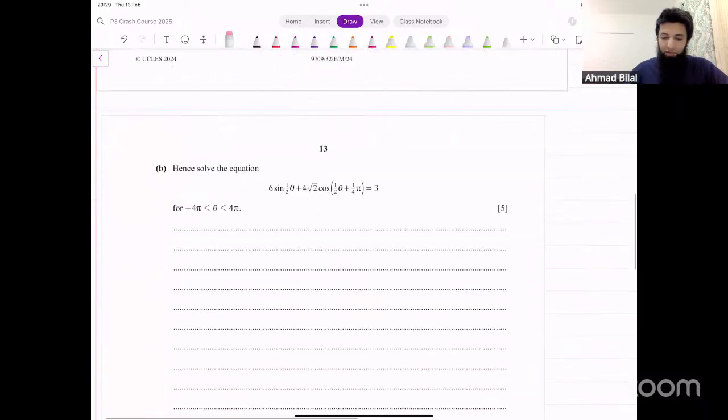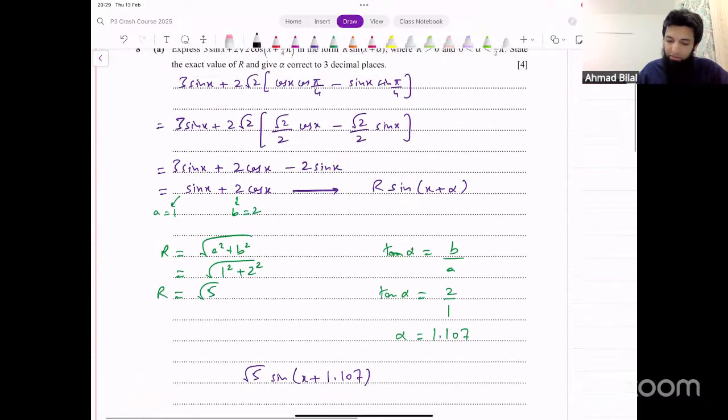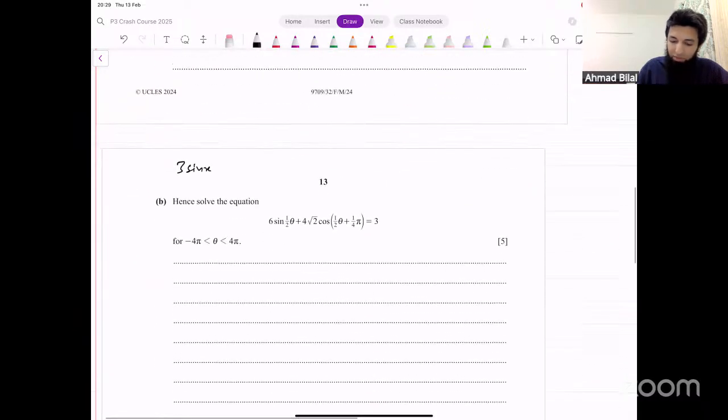What have we done in the first part? Let's write that down here so we have that in front. 3 sine x plus 2 under root 2 into cos of x plus pi over 4. This was the original expression that we had there.